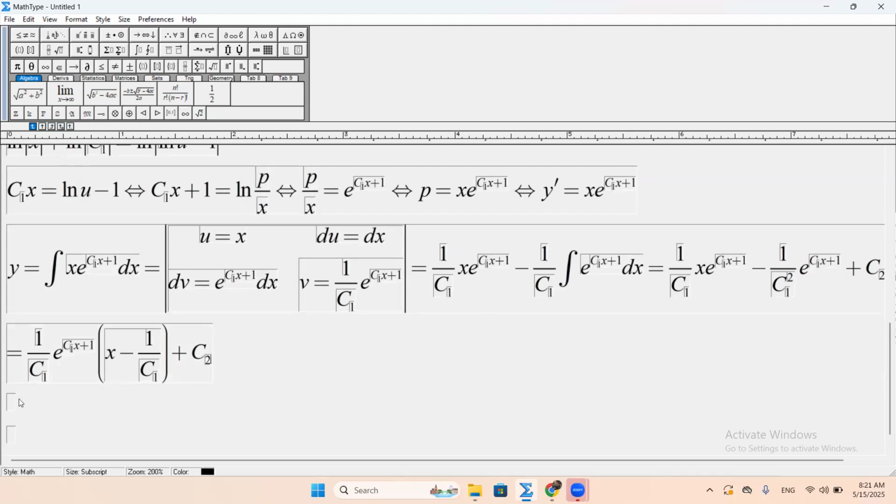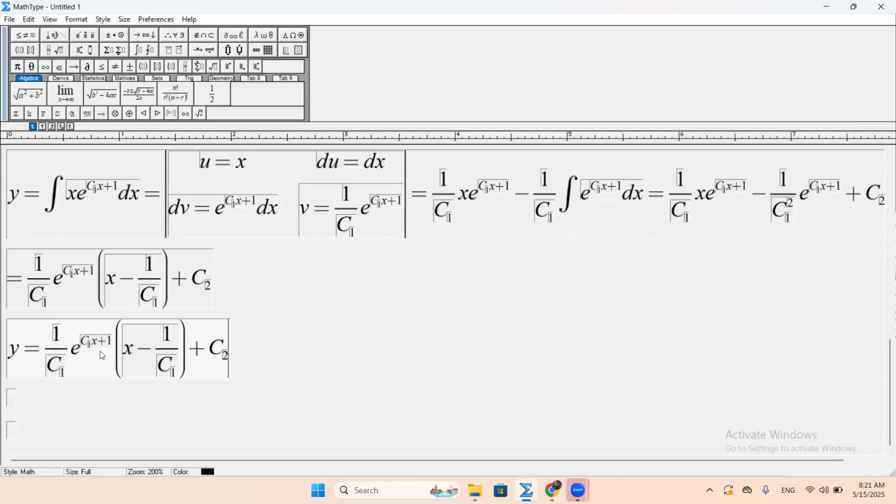So the final, the general answer will be the following. So we found it; in this case, we were lucky to find it explicitly. Any questions about this exercise?